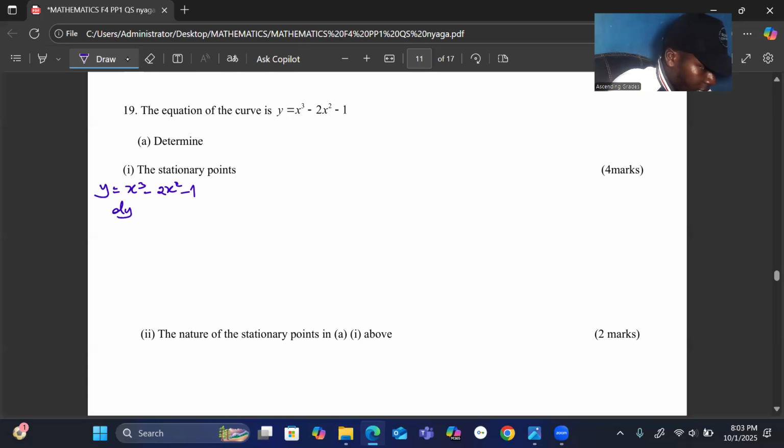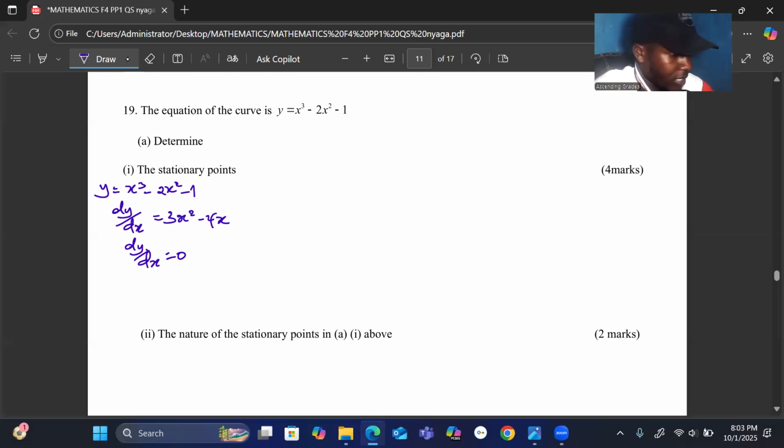So we look for dy/dx. So dy/dx, we shall have 3x squared minus 4x. And we know that dy/dx is equal to 0. So we have 3x squared minus 4x equal to 0. So we find the values of x.